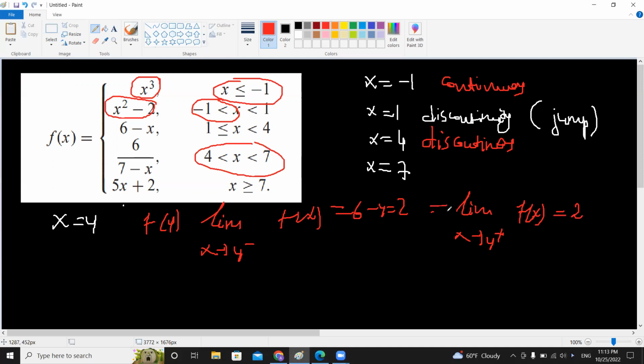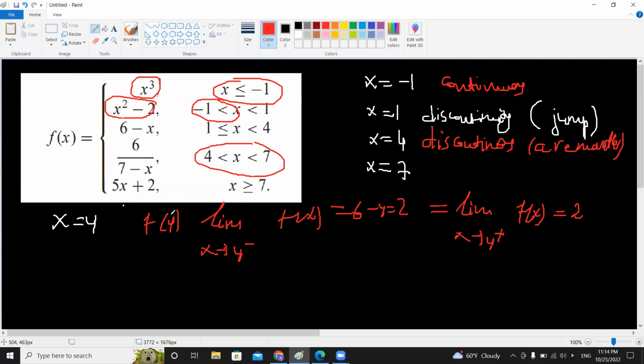So you can see they are equal. It means that the limits are equal, but not equal to f(4) because f(4) doesn't exist. So it's a removable discontinuity.